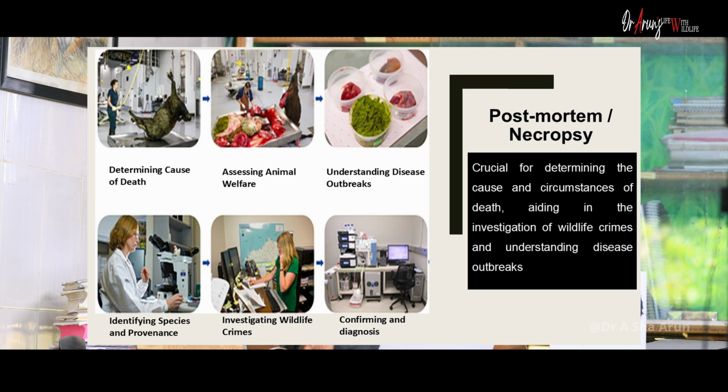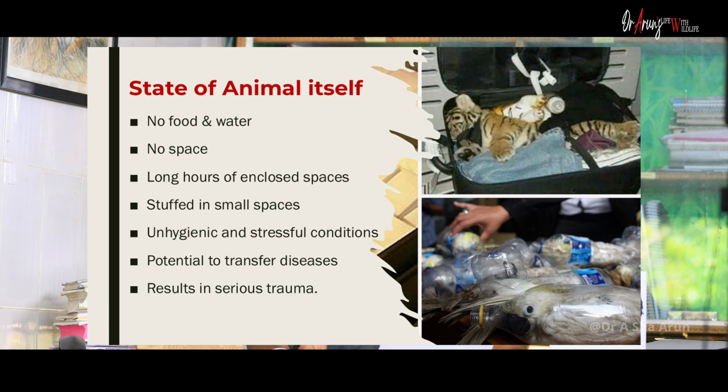And the third point is the post-mortem examination. When necropsies are conducted, they determine the cause of death, and it is important to understand whether it is an external injury or an internal injury, evidence of gunshot injury, intraspecific or interspecies aggression, or some disease. All these come under the cause of death.